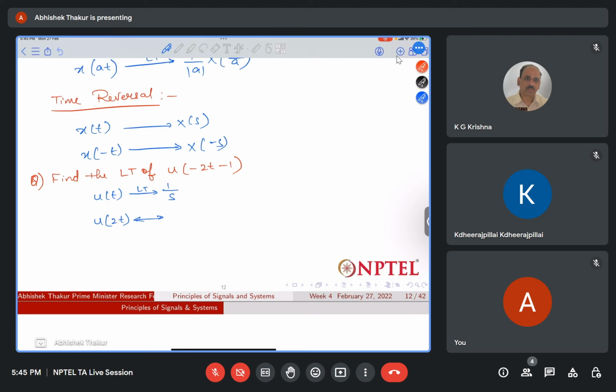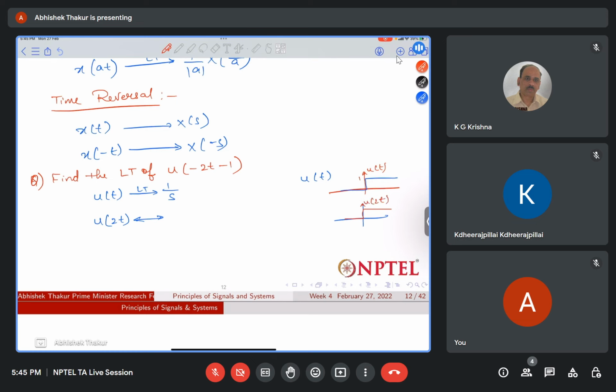As we know that u(t) is this curve, and when you do u(2t), this will also be the same, like u(t) and u(2t) both are the same.